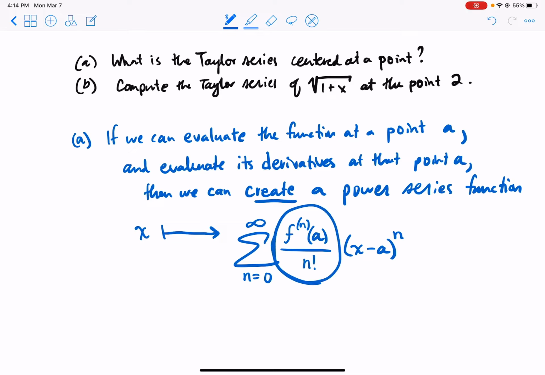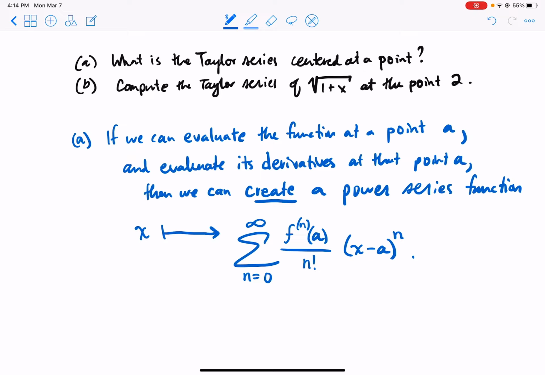And this will be a number, and this has a variable. You might think of these as the a sub n's in some x to the n, that would be centered at 0, or the a sub n times x minus a to the n. But whatever, they're just numbers. They're coefficients.